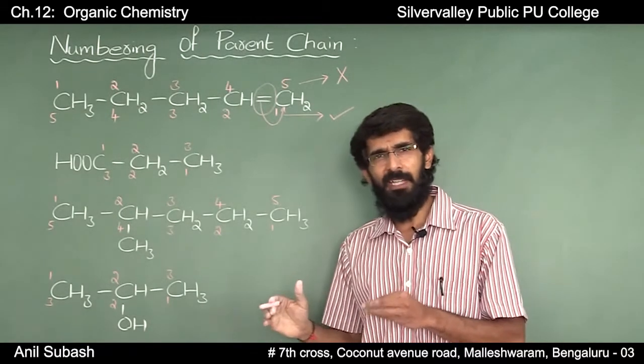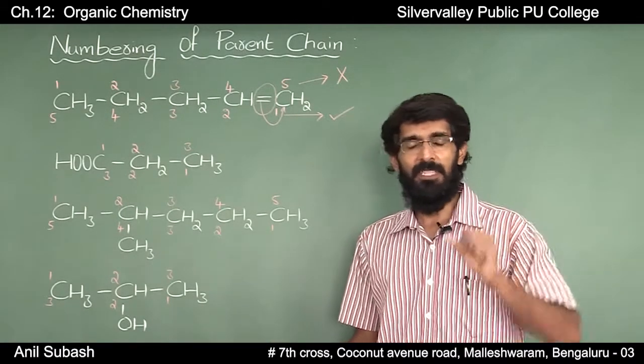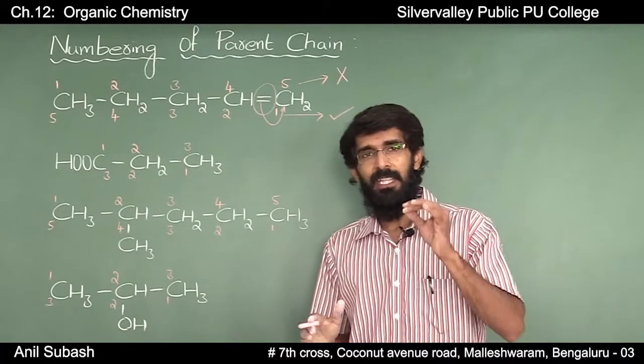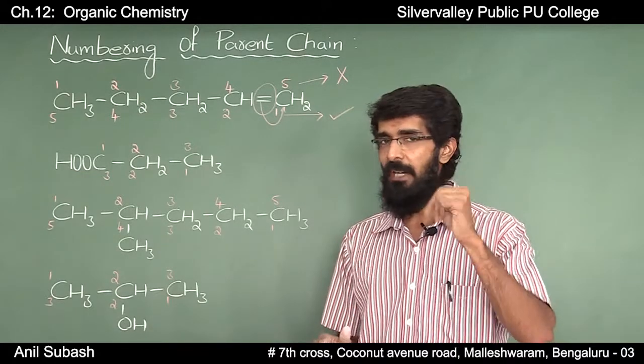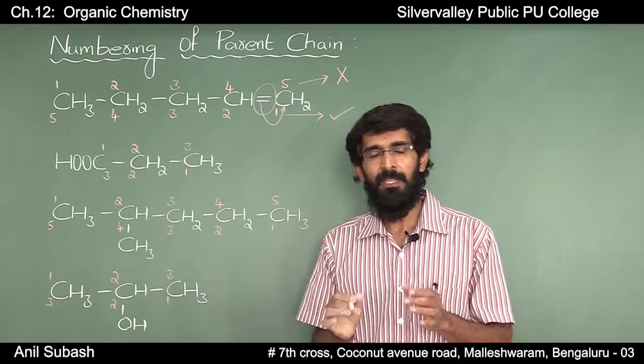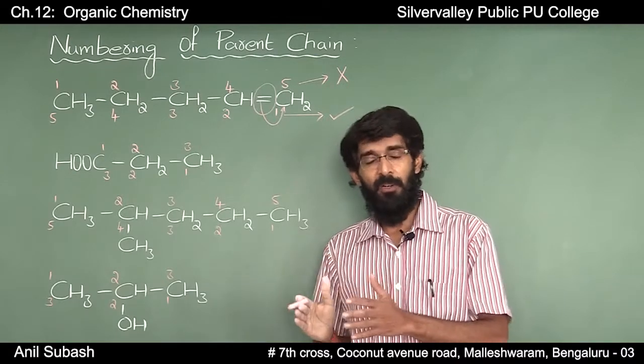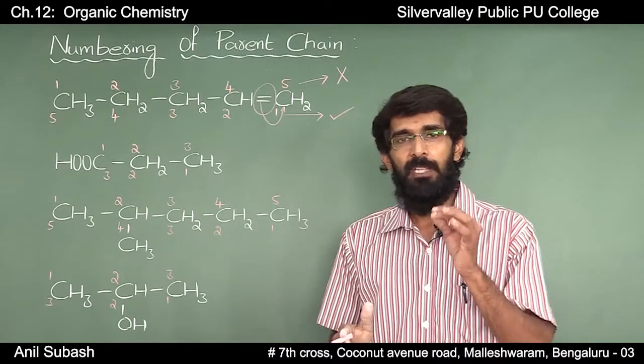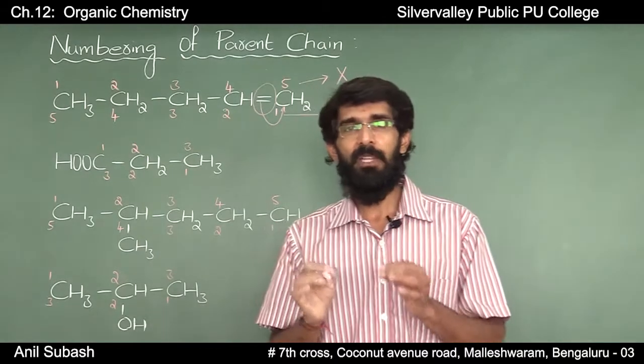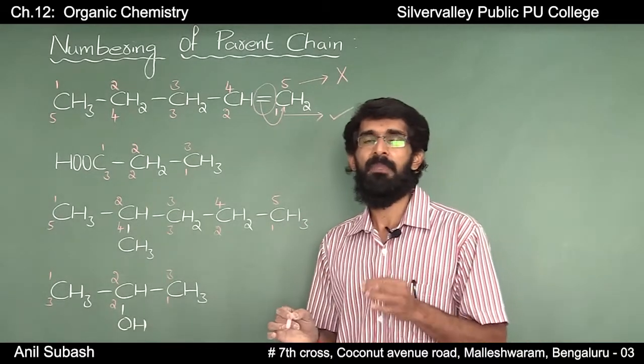If a double bond lies between the 4th and 5th carbon atoms, then the double bond belongs to the 4th carbon atom. Remember, the double bond or triple bond in the parent chain will always belong to the previous carbon atom.